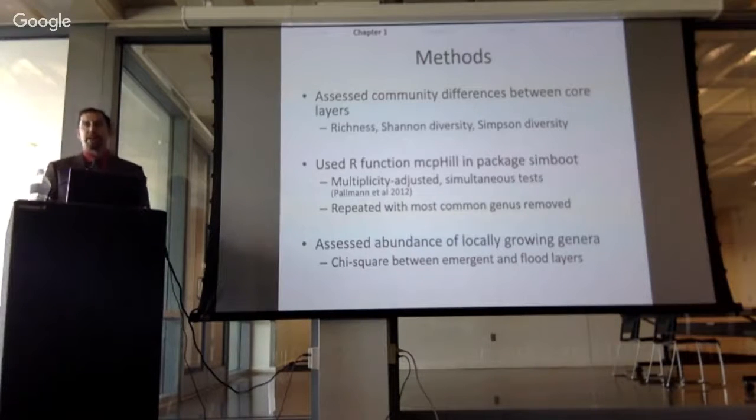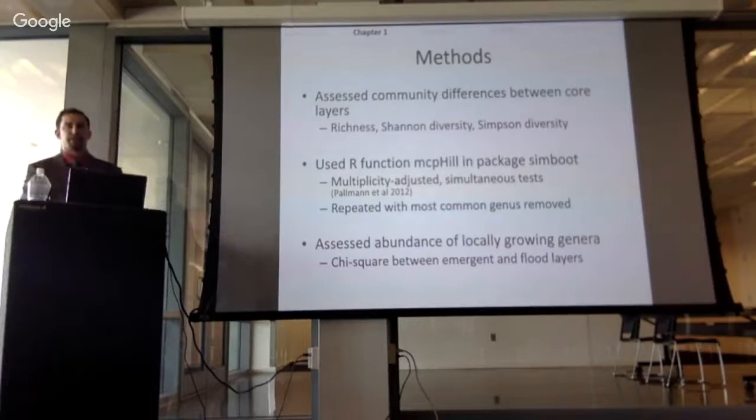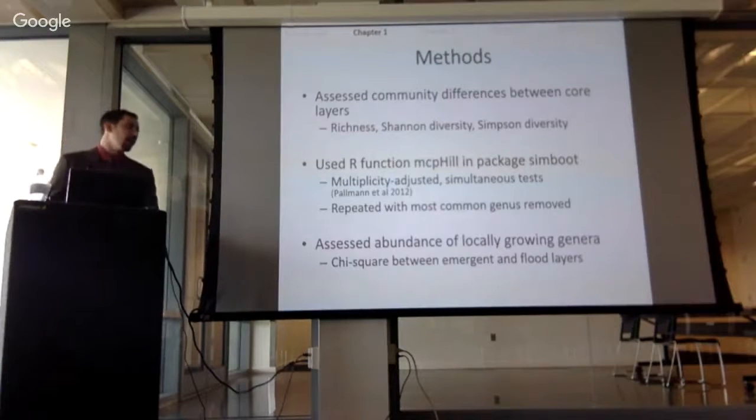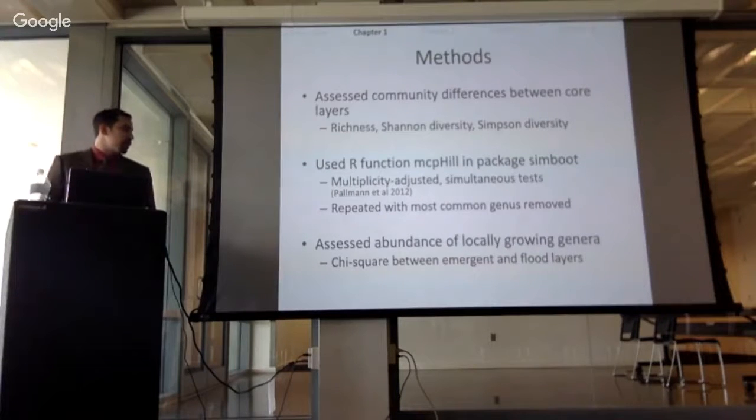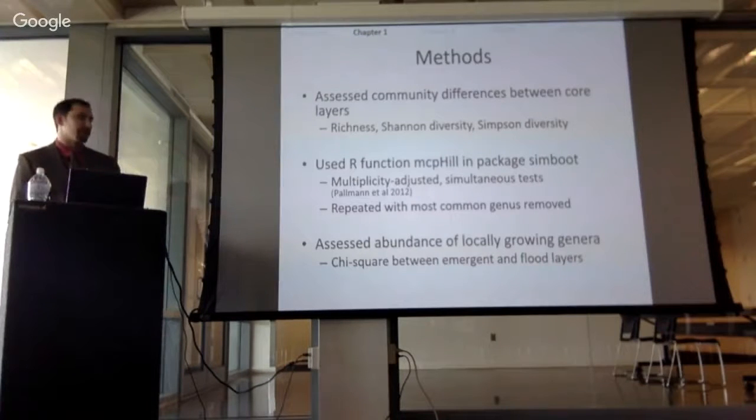Because I didn't have a priori knowledge of what index I wanted to use, I utilized basically a simultaneous approach where you test all the different indices, correcting for multiplicity, which is multiple tests, adjusting your p-values essentially. This was a bootstrapping approach implemented in the R package SimBoot. And as we'll see in a moment, I repeated that analysis, removing the most common genus from the data set.